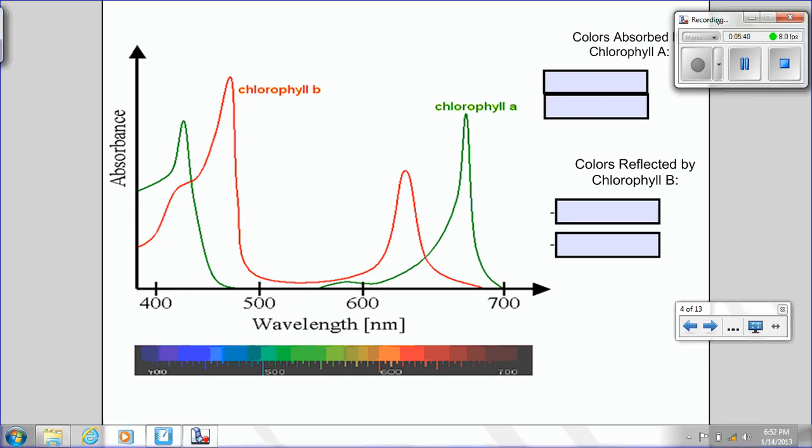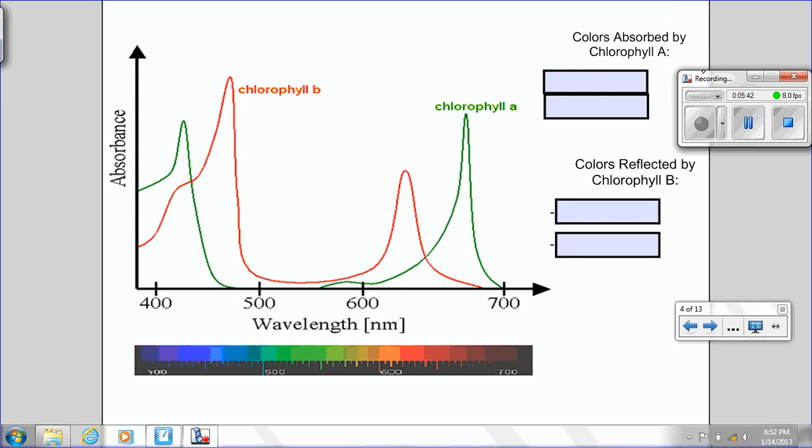The interesting thing about chlorophyll A and B is they both absorb different types of wavelengths. If you notice here, chlorophyll A has 2 points where it absorbs a lot of light. So you have a lot of absorbance here, and you have little absorbance here. This is where chlorophyll A absorbs most of its light.